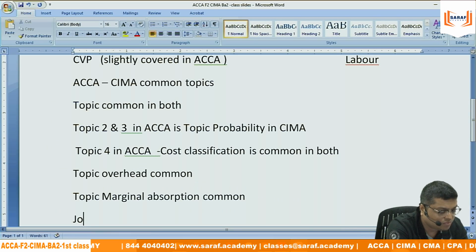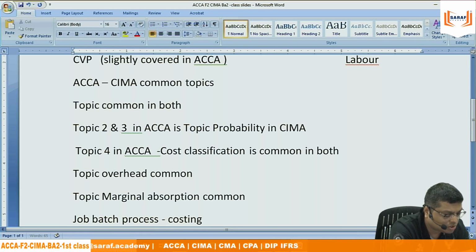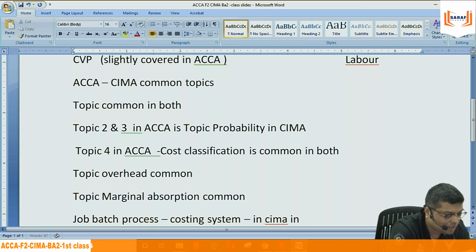Job, batch, process costing systems, in CIMA, are included in cost behavior.